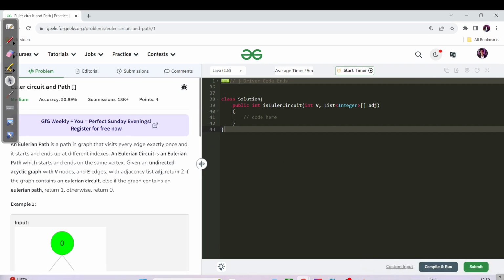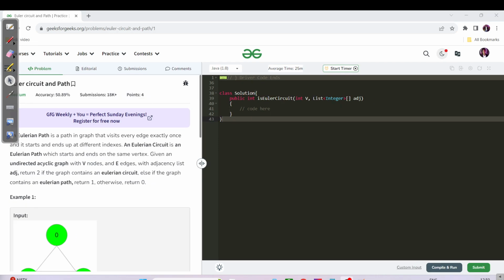So we have a Euclidean path here. What it says is that it is a path in the graph that visits every node exactly once, right? And it starts and ends at a different index. And then the other definition is Euclidean circuit. A Euclidean circuit is a Euclidean path which starts and ends on the same vertex.